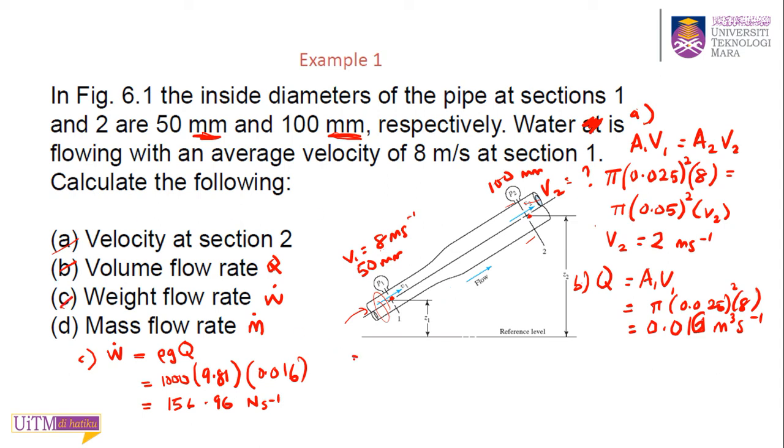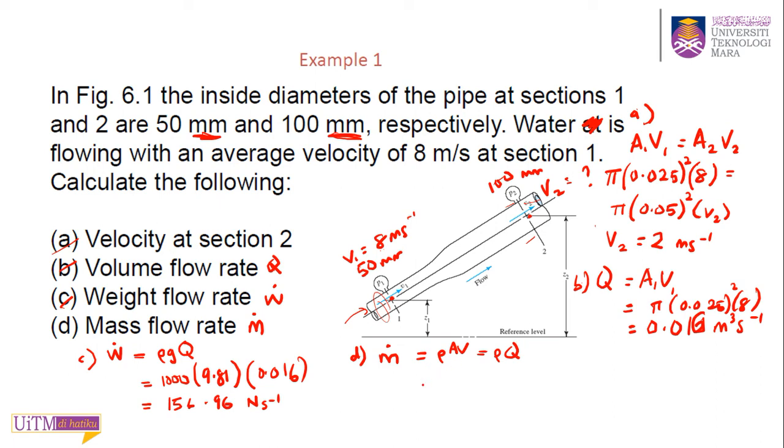Lastly, the mass flow rate, which is m dot. So what's the equation for m dot? Rho AV, or what else? The simplest one? Rho Q. But you already found your Q, right?